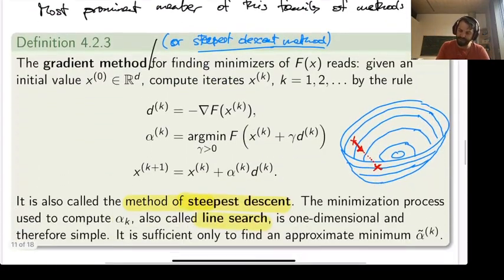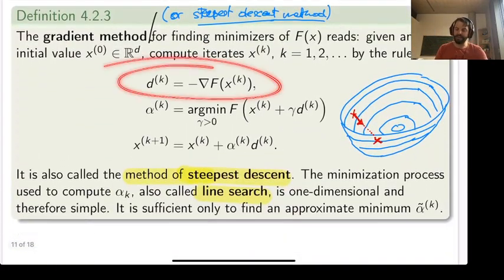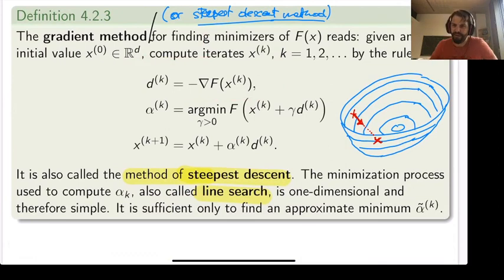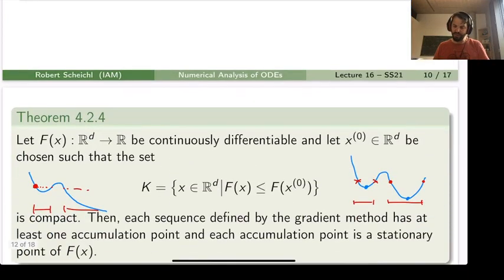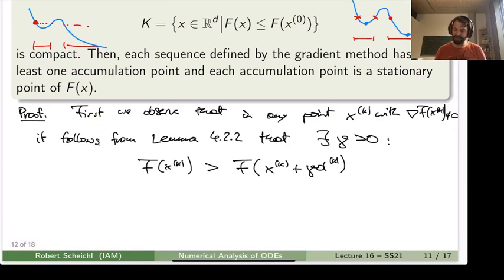Clearly this is a descent direction because minus grad f in a product with grad f is definitely less than 0 for grad f non-zero. And so there exists a gamma such that we can strictly decrease the function value in the direction of descent.